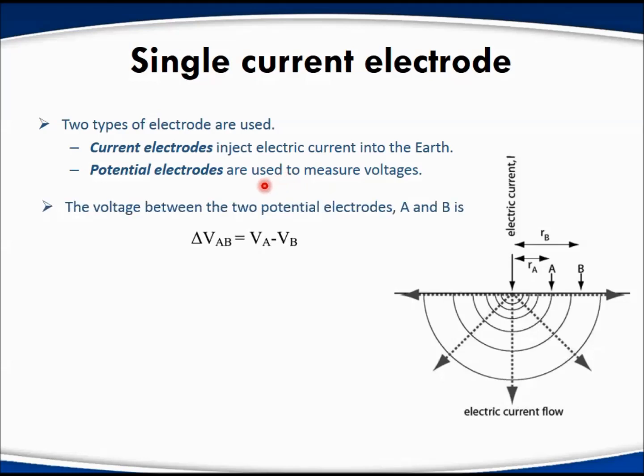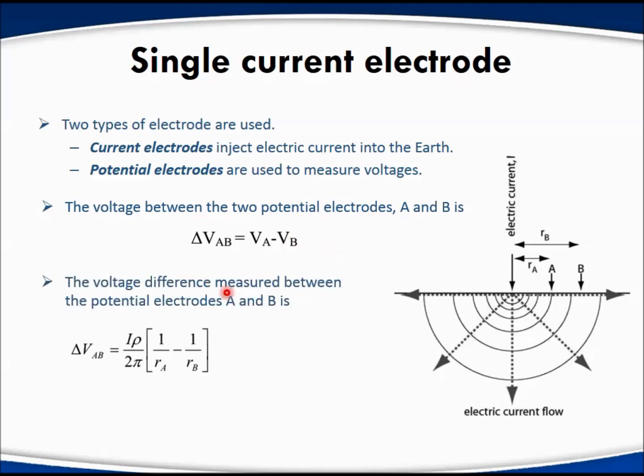The voltage between two potential electrodes A and B can be described by a very simple calculation, where delta VAB is equal to the voltage of A minus the voltage of B. But the voltage difference needs to consider the distance, the radius, of these two points A and B, using the previous formula in order to get a resistivity value of the surface.